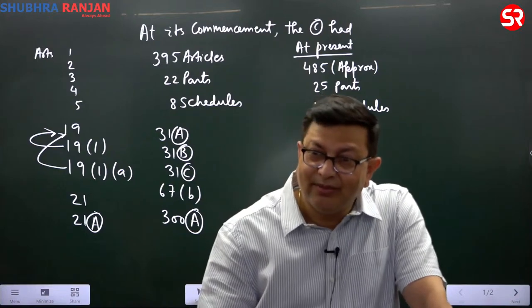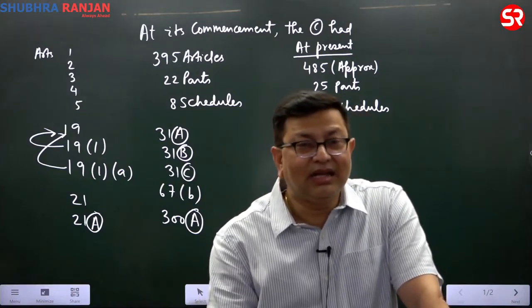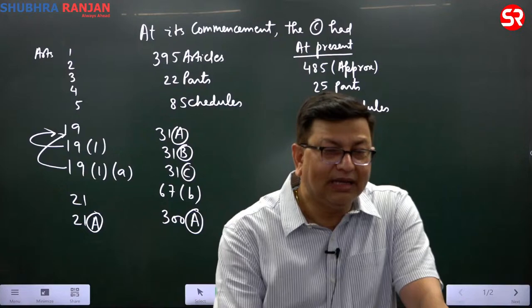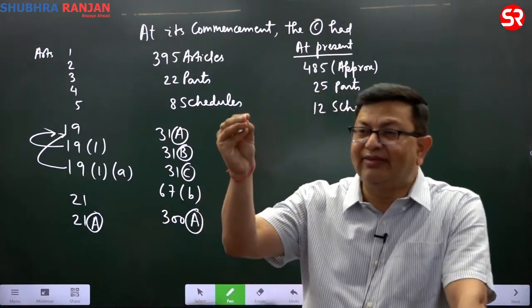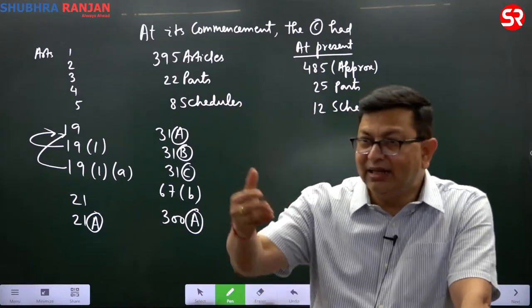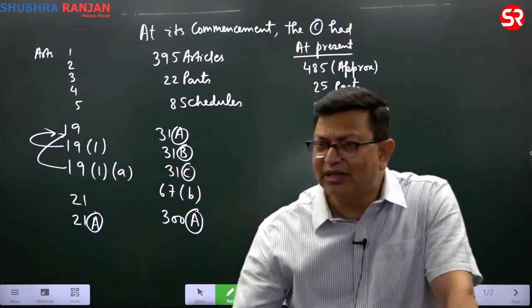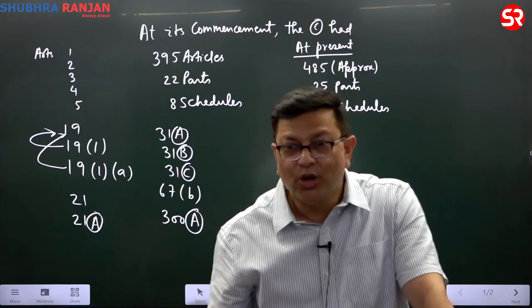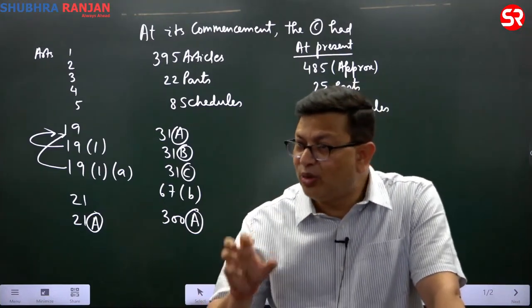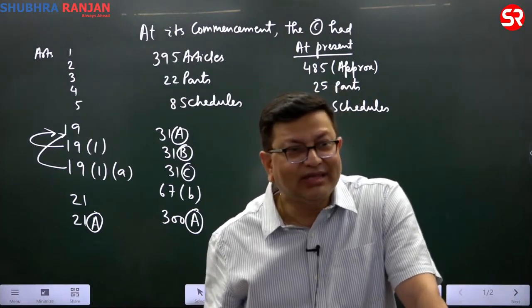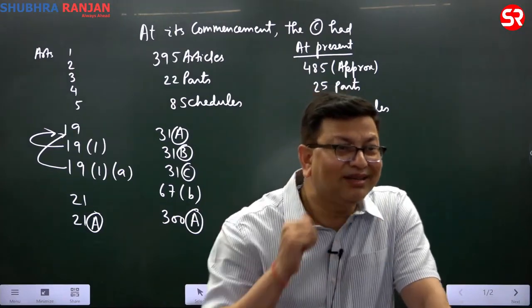For example, in the last session, suppose in the winter session, we had got 485 articles. Now in the next session of the parliament, suppose the constitution is amended, 2 articles are repealed. Repeal का मतलब होता है खत्म कर देना. So if 2 articles are repealed, obviously the articles will become lesser.